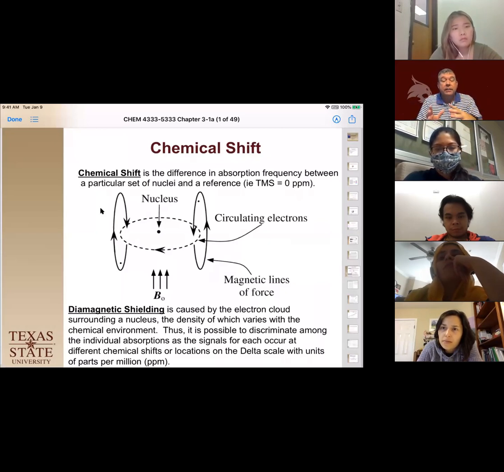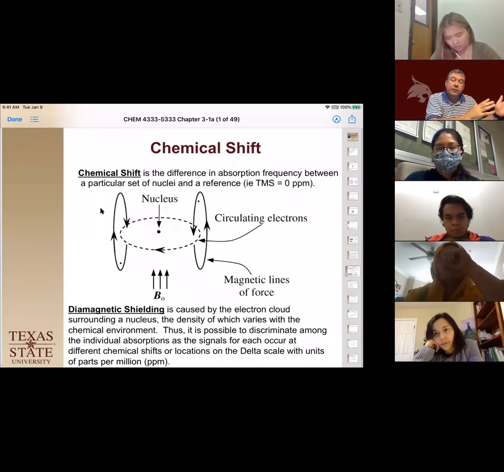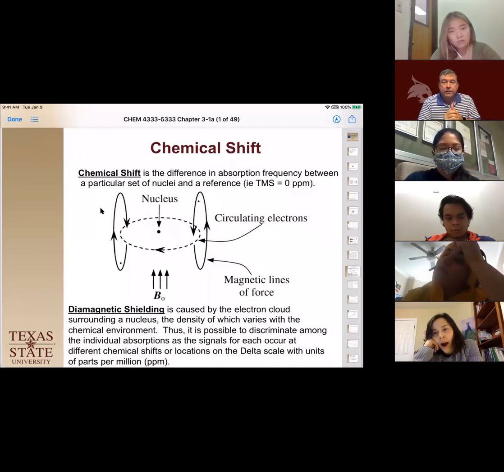So if you're shielding that nucleus from the magnetic field, it shifts it from one part of the spectrum to the other. As these electrons are pulled away from that nucleus and the magnetic field can see the nucleus more, it becomes de-shielded and we shift upfield.